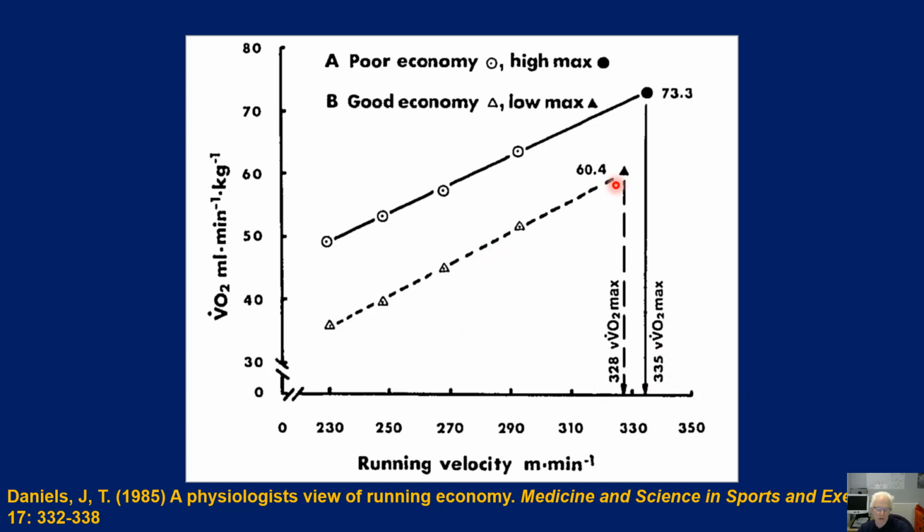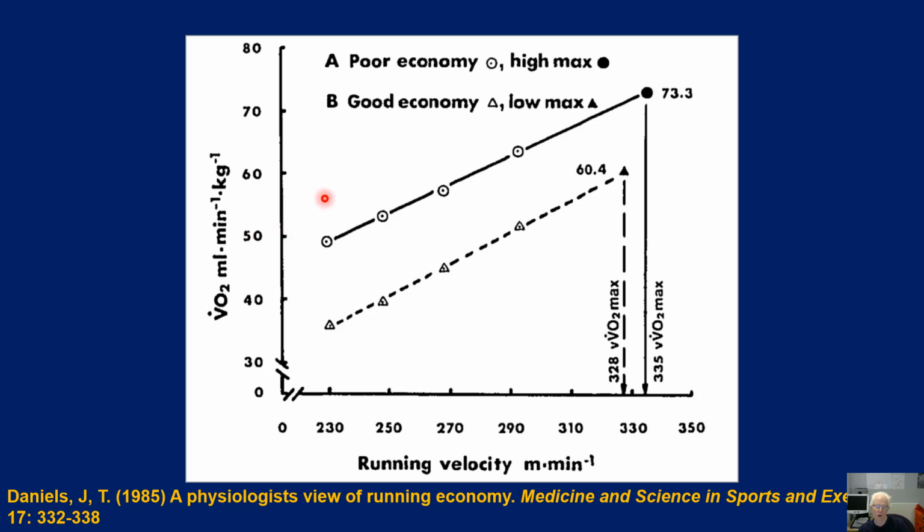So you've got really good economy, but the max isn't as high, so 60.4 compared to 73.3. And we end up with a vVO2 max of 328 meters per minute. Now we've got somebody who's far less economical, but has a higher max, and they come in just 7 meters per minute faster. That's all.